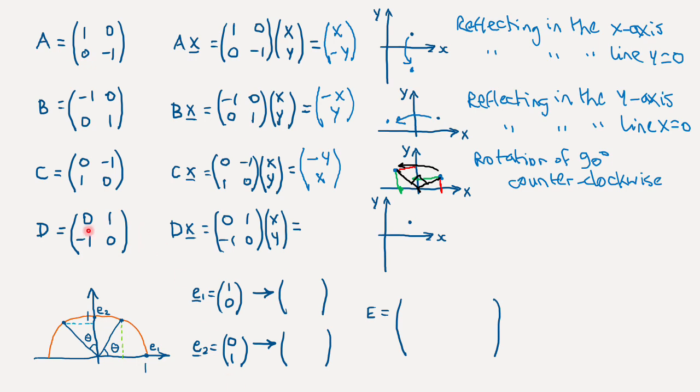Okay, let's look at matrix D now. You can probably guess what this one is. 0, 1, minus 1, 0. See what happens to the point x, y. It's going to go to y, minus x. Okay, so if I use my red and green again, let's think about this. So the red is going to be the shorter part.